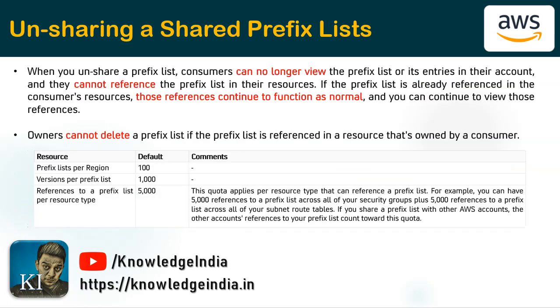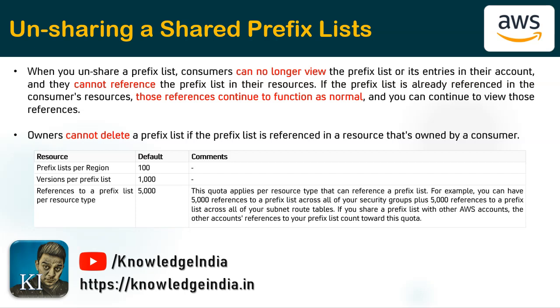Now, this is what I was talking about, right? When you unshare a prefix list, consumers can no longer view the prefix list or its entries in their account, and they cannot reference it anymore in any of the new resources. But if the prefix list is already referenced in some of the consumer's resources, then those references continue to function as normal, right?